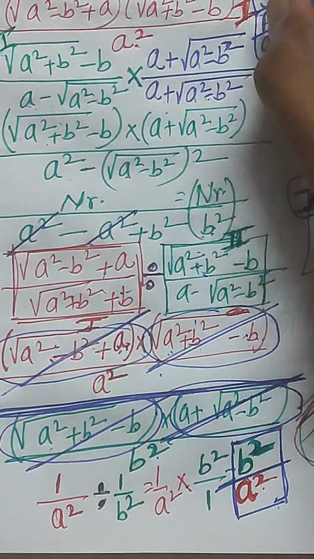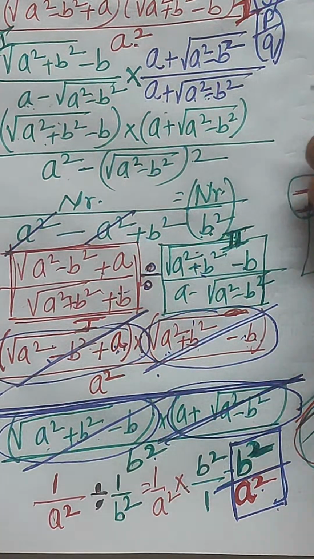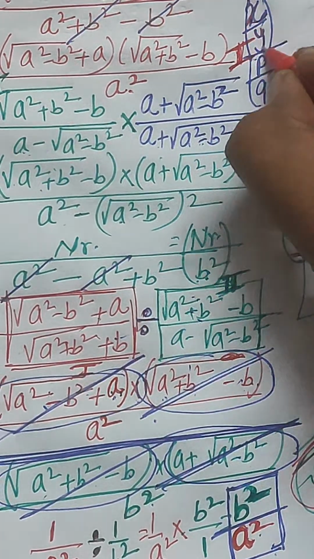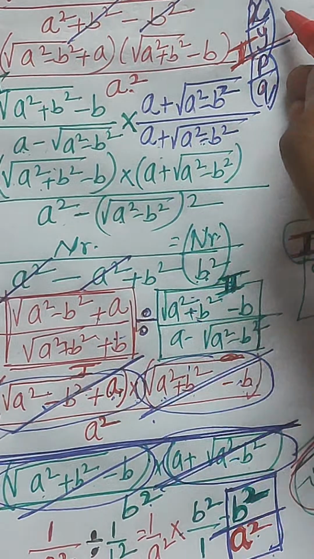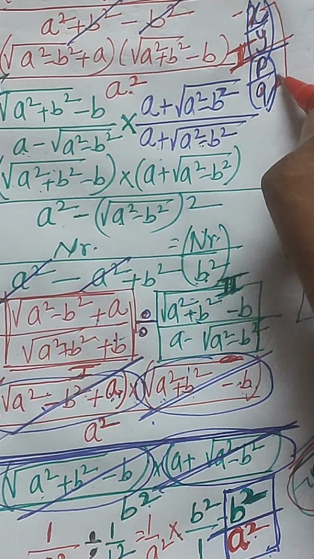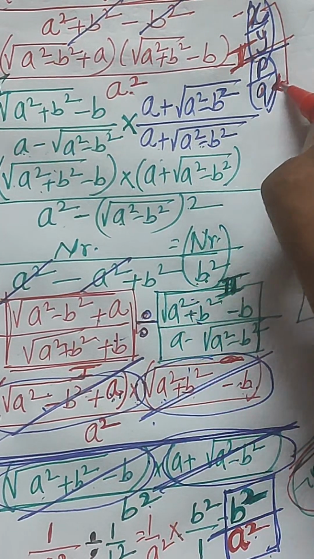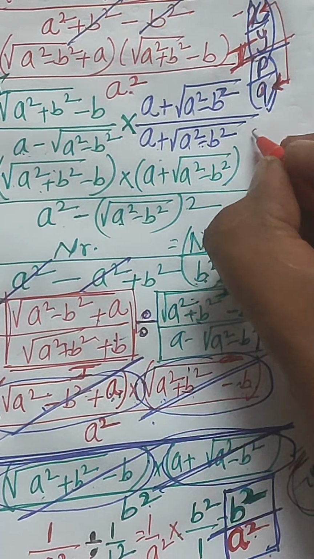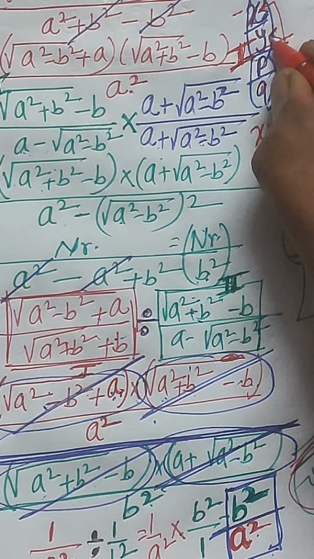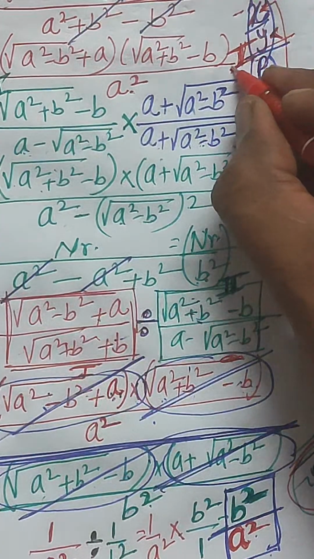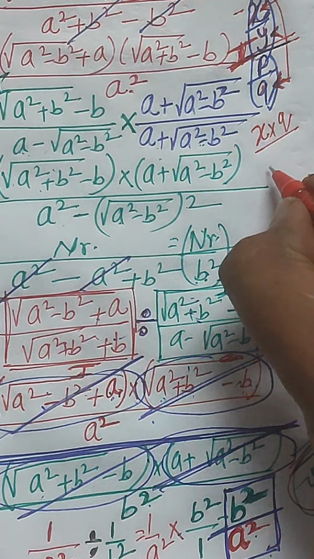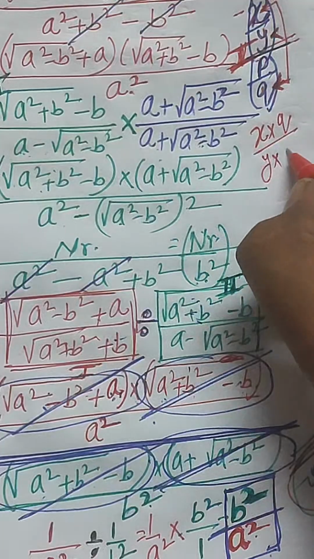If you are having two fractions over here, x by y divided by p by q, then we can write it as x, the numerator's numerator, multiplied with the denominator's denominator, that is x into q, divided by, and here the remaining two, the denominator of the fraction which is in the numerator, that is denominator 1, will be multiplied with numerator 2, that is y into p.